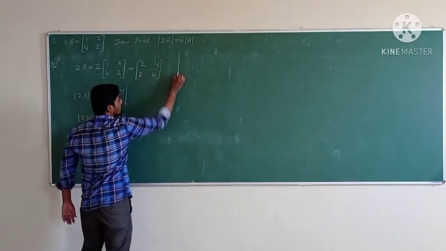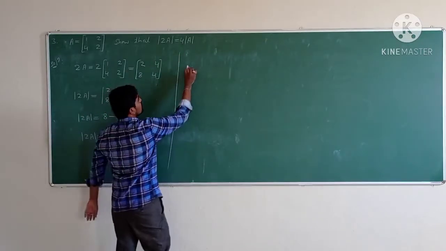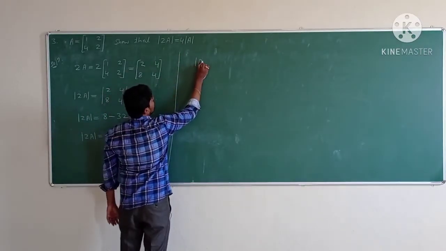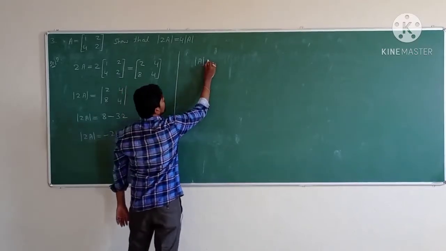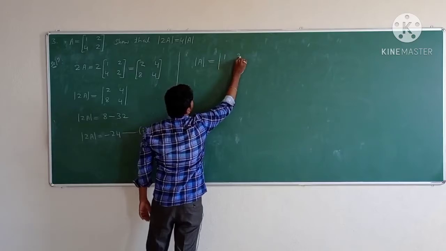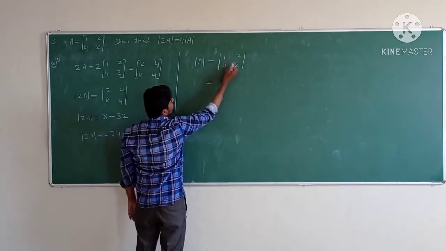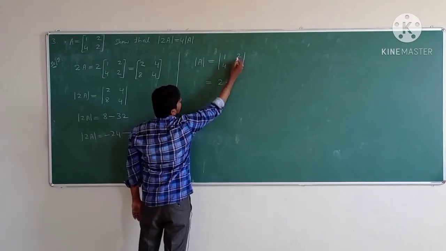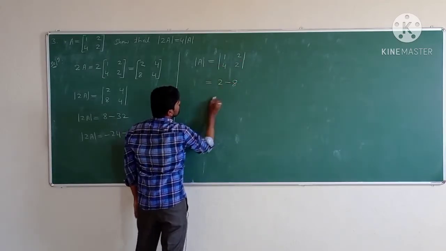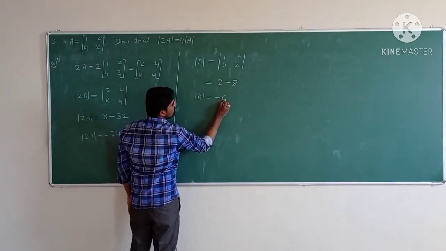Now we need to find the value of 4 into determinant of A. First, find the value of determinant of A, which is the determinant of 1, 2, 4, 1, 2, 4, which is equal to 1 into 2, 2, minus 4 into 2, 8. Therefore the determinant of A is 2 minus 8, which is minus 6.